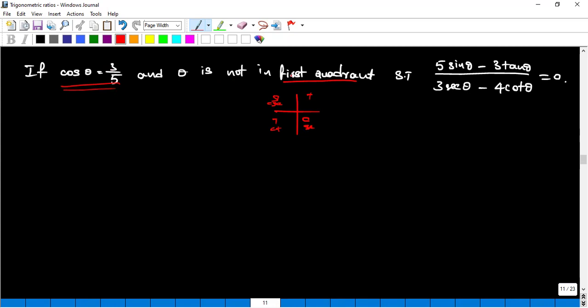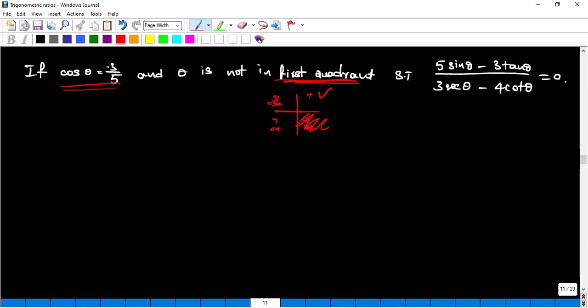Theta is not in the first quadrant. Definitely theta will be in the fourth quadrant. Hope everyone understood. Theta is in the fourth quadrant now. Theta is not in the first quadrant means cos is positive only in two quadrants. One is the first quadrant, the second one is the fourth quadrant. So we need to see everything now from the perspective of the fourth quadrant. Clear? Now I want what is sine theta, what is tan theta, what is secant theta, what is cotangent theta.